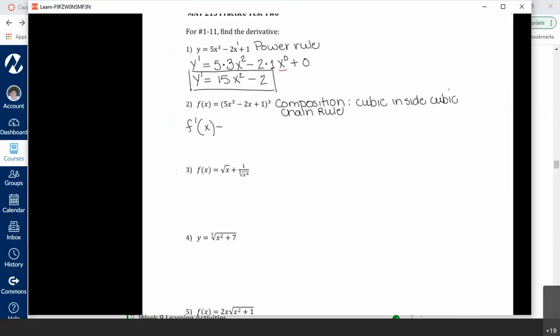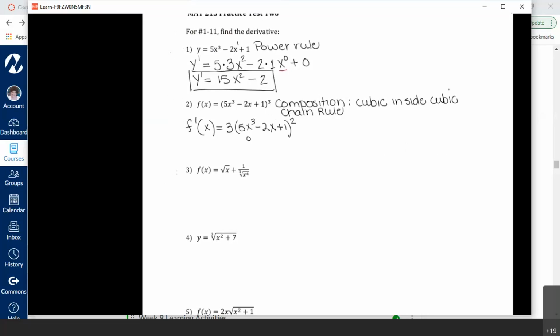So the way you differentiate a composition is you differentiate the outer function, which is this thing that you could call u cubed, and you differentiate that by bringing down the exponent, leaving this alone, and dropping the exponent by 1.